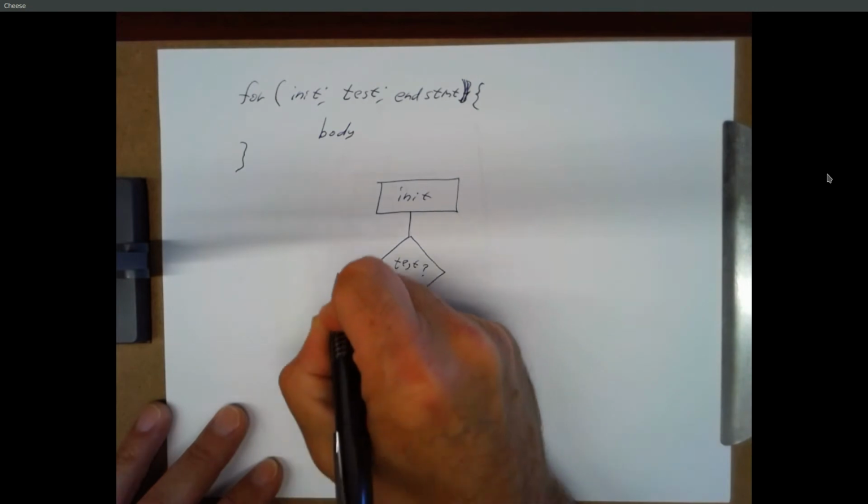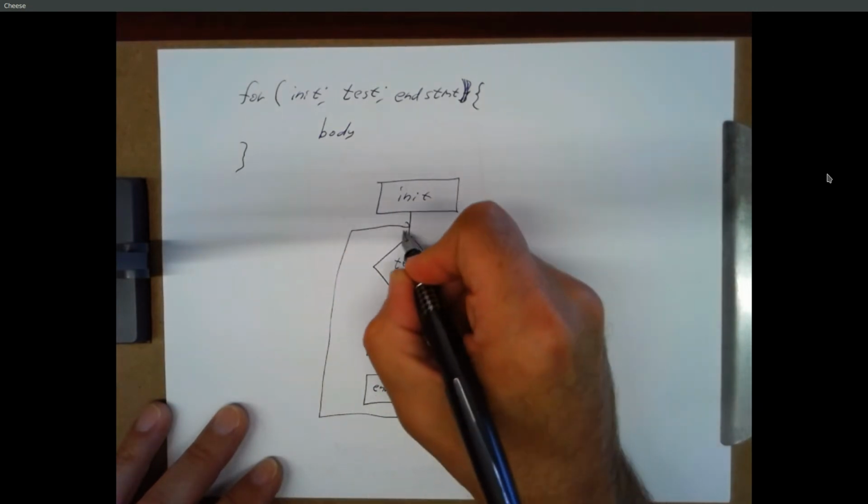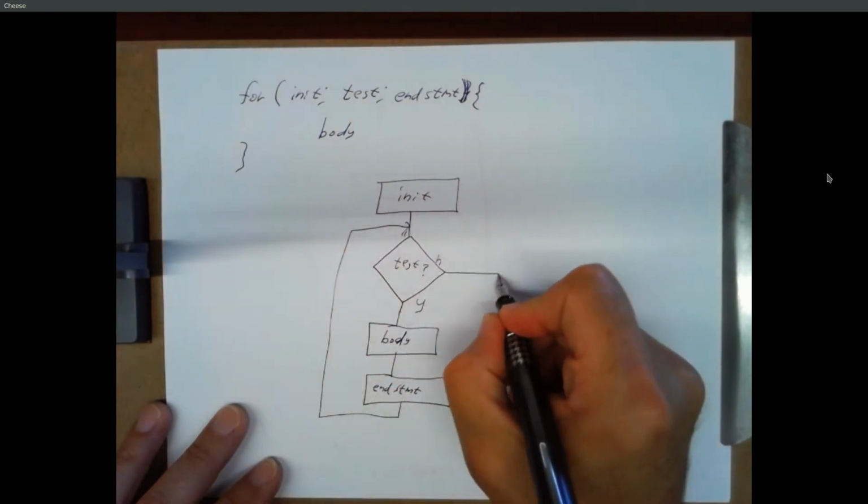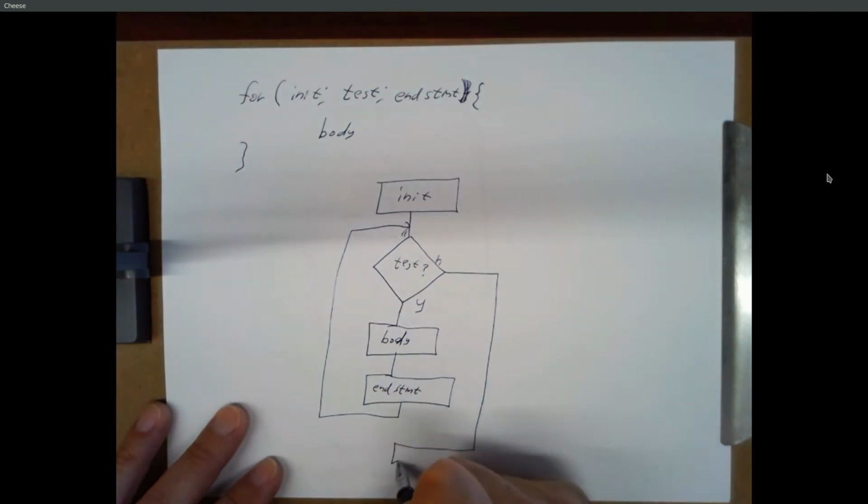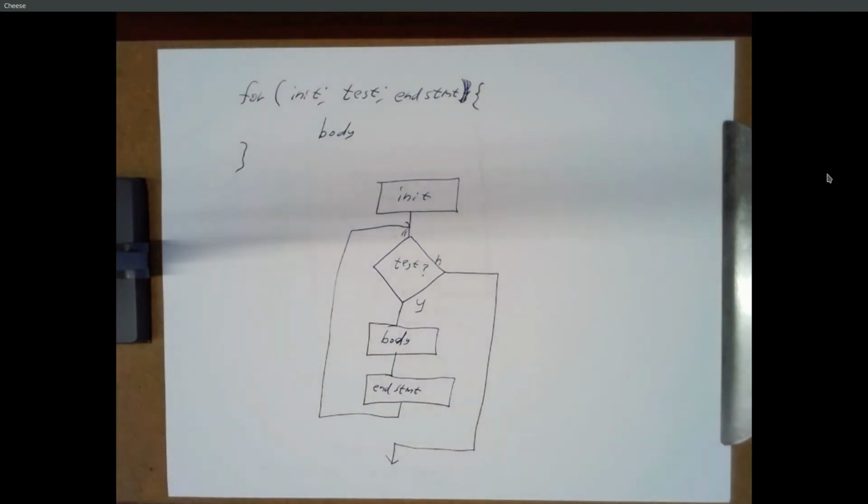And then we go back up to the test. And if the result of the test is no or false, then we come out and we exit the loop. So that's the basic for statement.